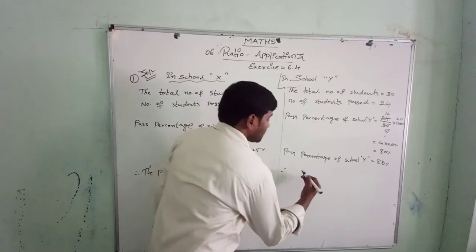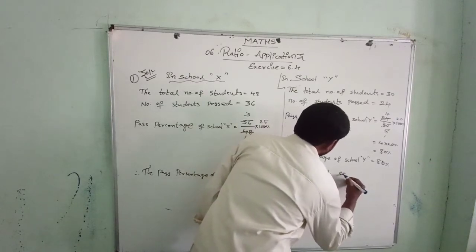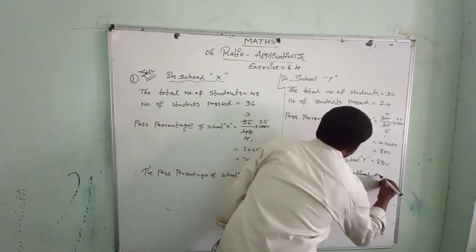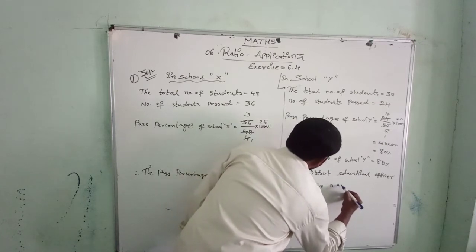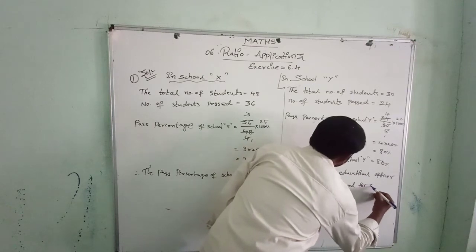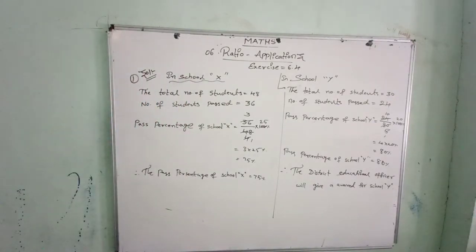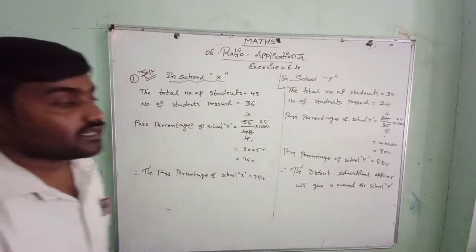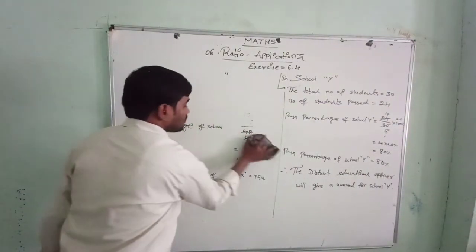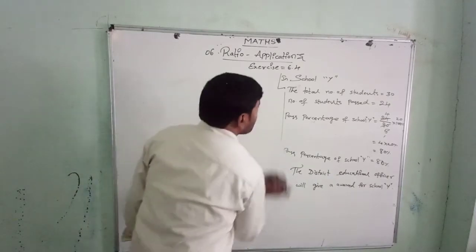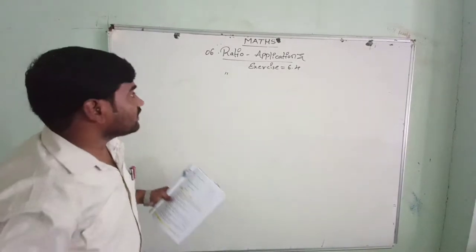So the district educational officer will give an award to school Y, because it has 80% pass percentage. School X has only 75 percent. School Y got 80 percent. So for school Y, the district educational officer will give an award.